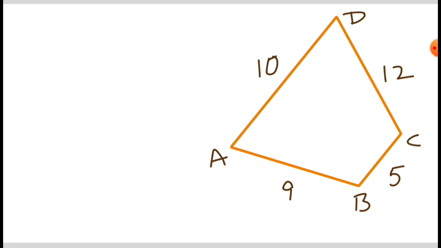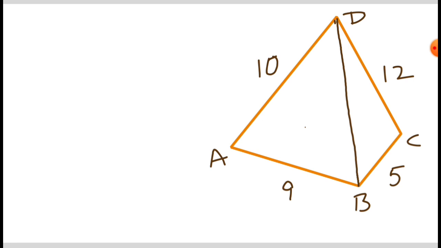Observe this quadrilateral. If you draw a diagonal from D to B, then this diagonal divides this quadrilateral into two triangles, isn't it? So if you find the area of the two triangles, then after adding these two areas, you're going to get your total area, isn't it?